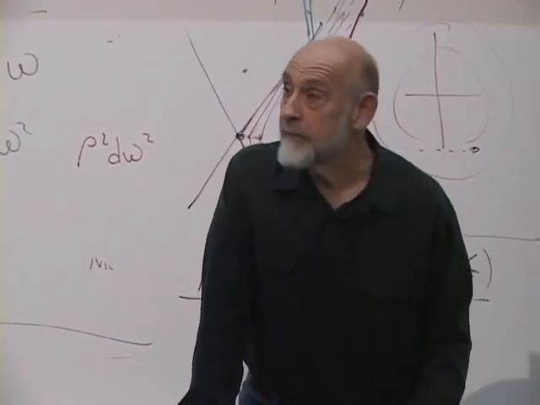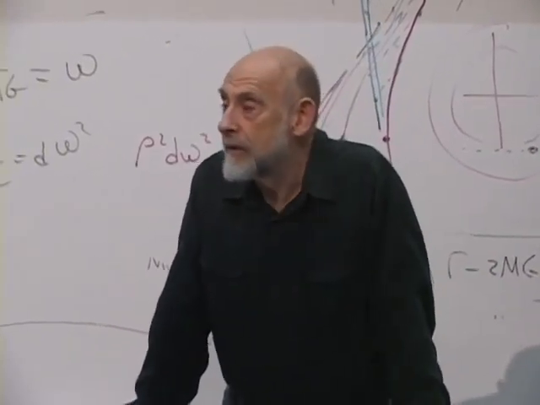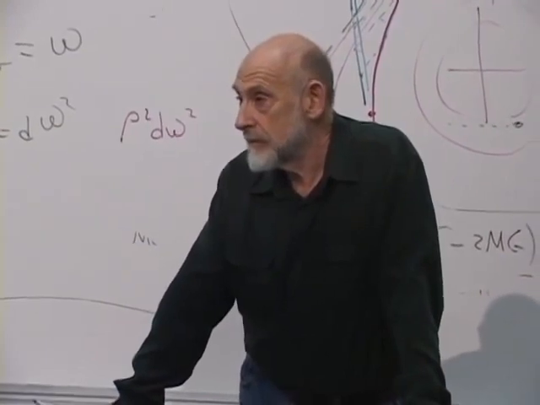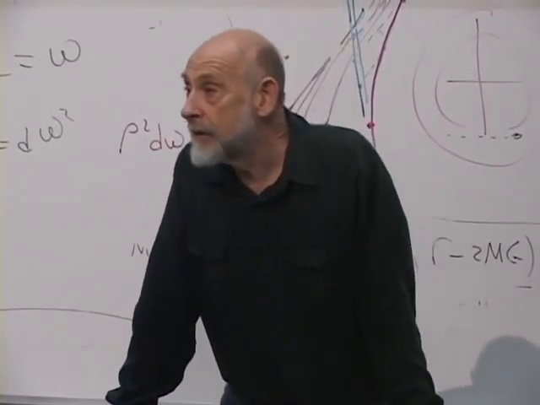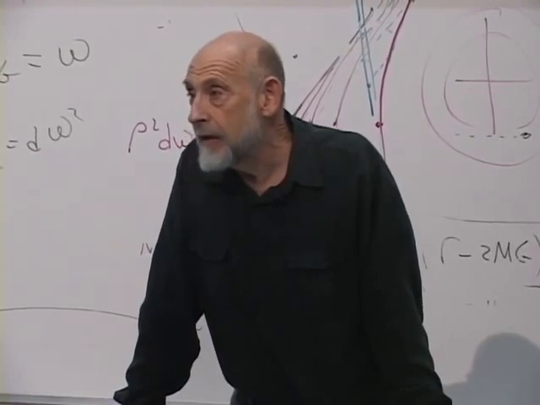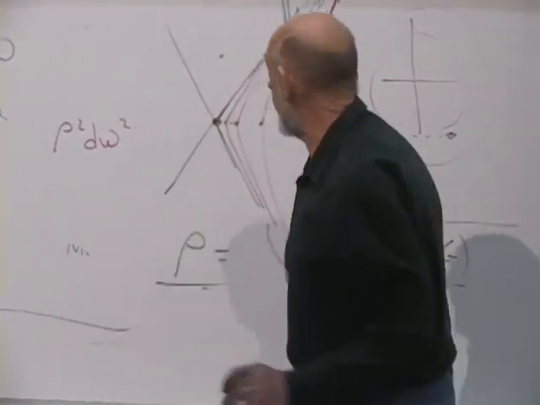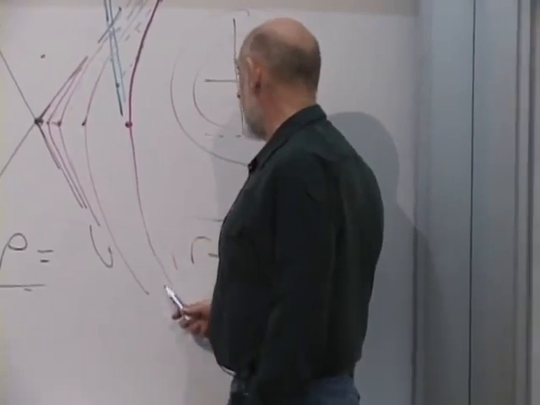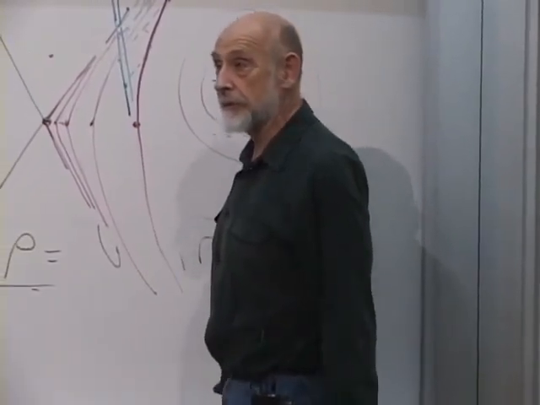Could you say the part again about how this isn't specific to black holes, that this phenomenon is general? Well, right. This particular phenomenon would be just for a uniformly accelerated observer.